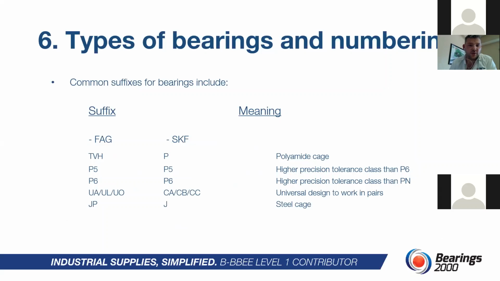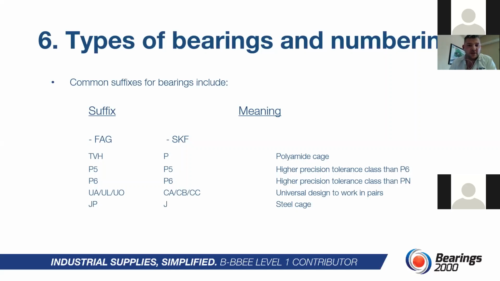So TVH we have covered, it's a polyimide cage, but in this instance the SKF turns to the letter P. P5 and P6, which refers to the tolerance class of the bearing. So P5 will be a higher precision tolerance class than a P6. Just to quickly explain what the tolerance class of the bearing is.